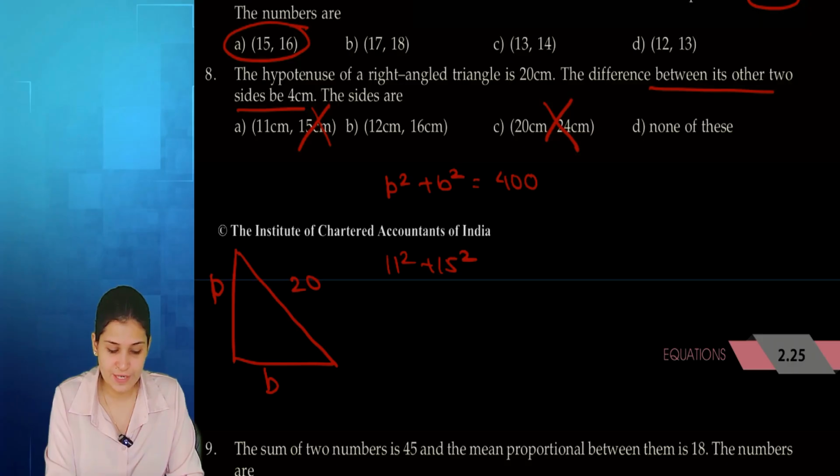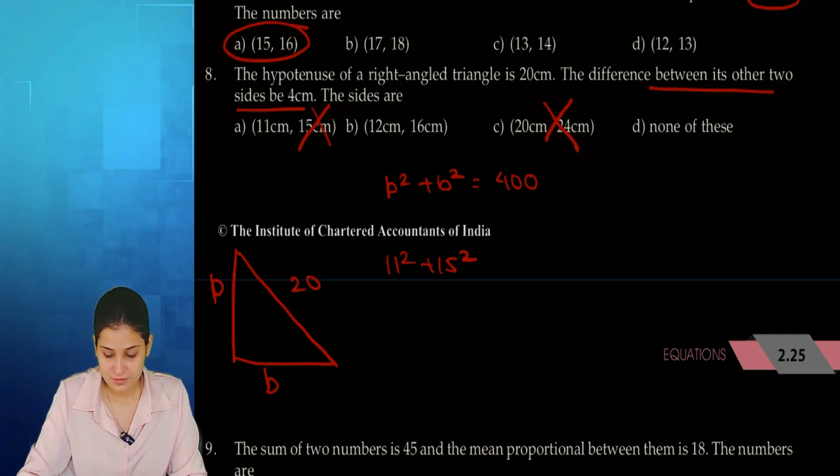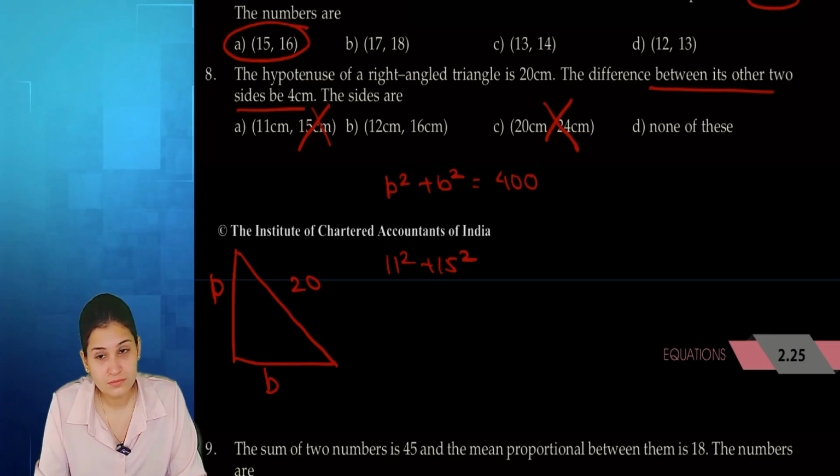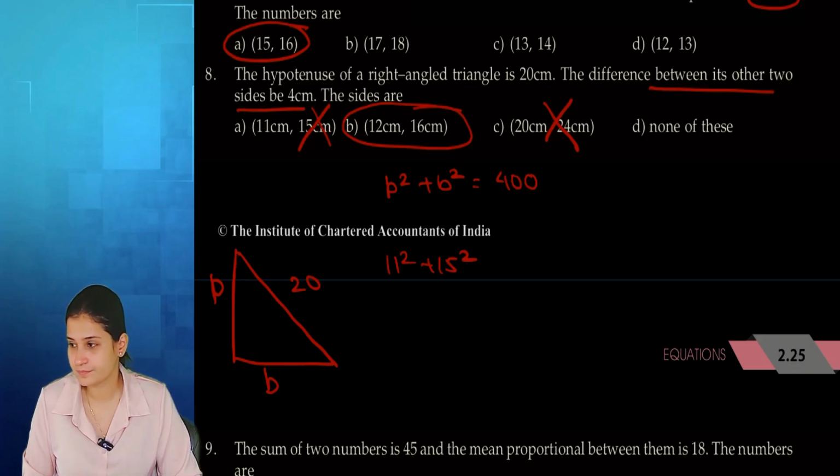What does 12 square 144 plus 16 square 256 give you? 400. So B is the correct answer. Any doubts? No, ma'am.